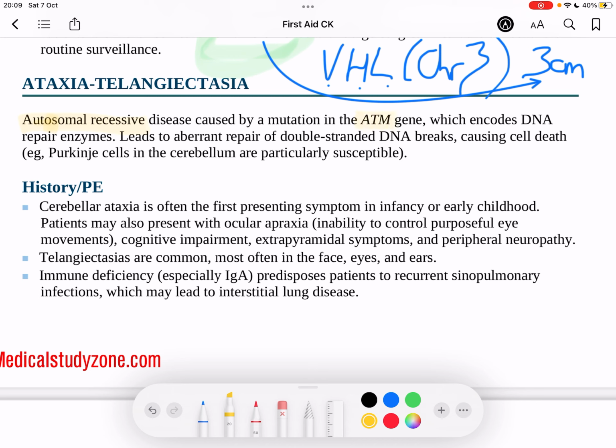The ATM gene is one of the core DNA repair molecules. And the ATM gene actually repairs double-stranded DNA breaks. So if we have the inability to repair double-stranded DNA breaks, then this can lead to cell death and an increased risk for cancer.